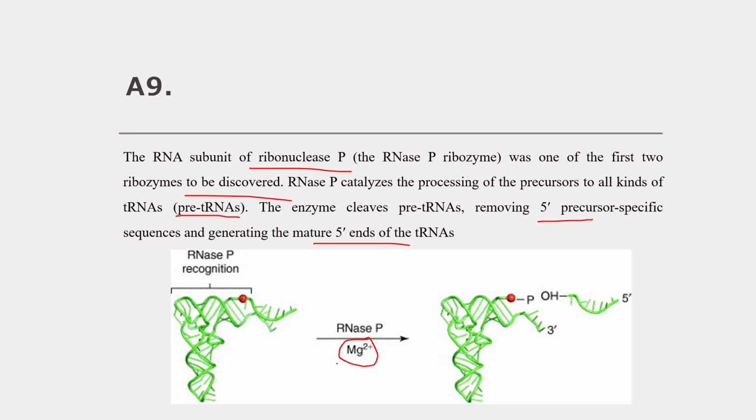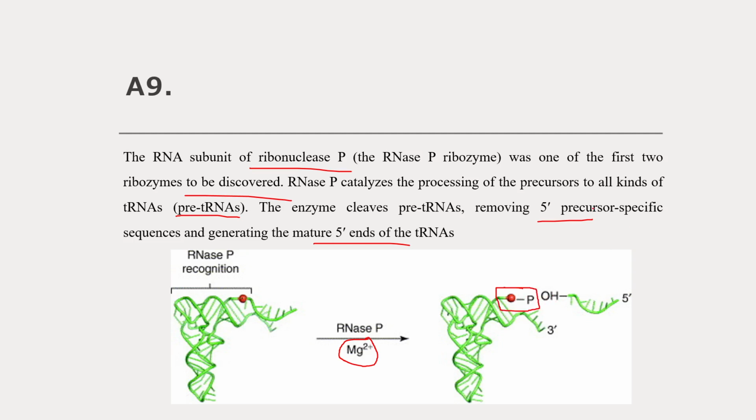Here magnesium is acting as a cofactor. This actually removes the 5' precursor specific sequences, generating the mature 5' ends. After removal through the process of hydrolysis, the OH group is removed, and it shows an addition of a phosphate group, right?